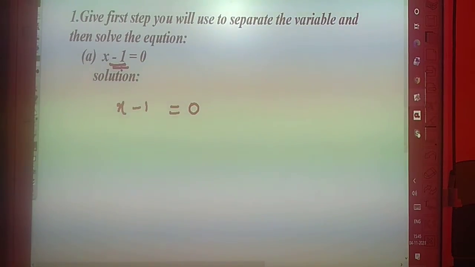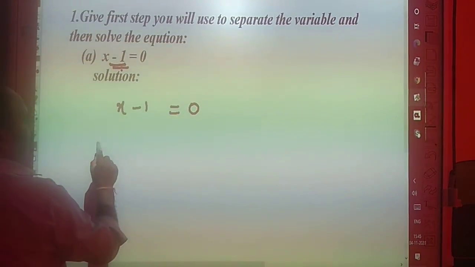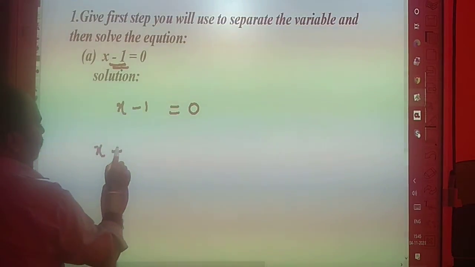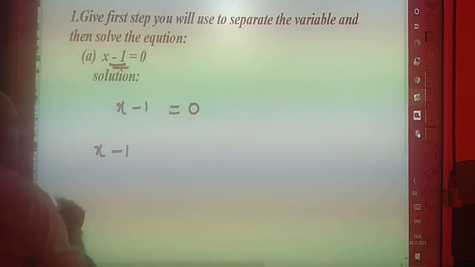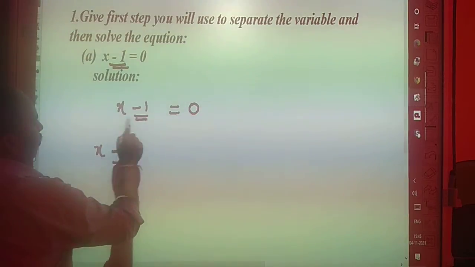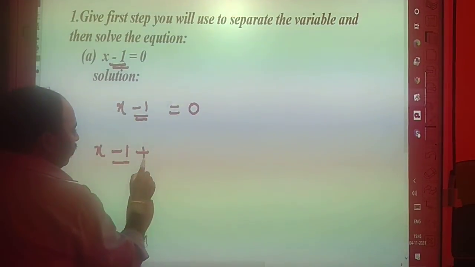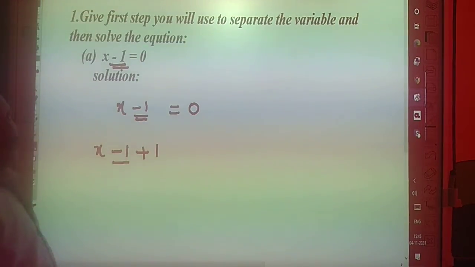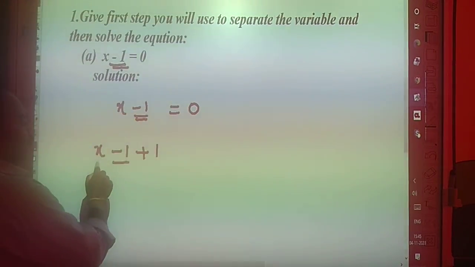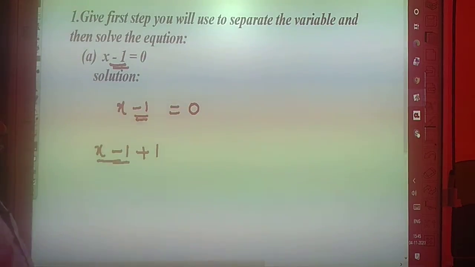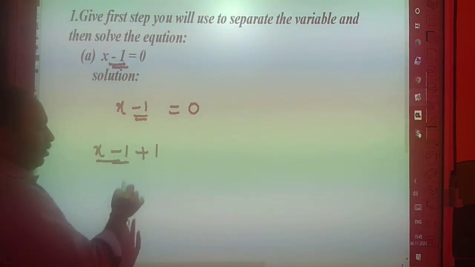We use one variable. X minus 1 means we take x minus 1. Here the second term is minus 1. We take the opposite sign with the same number, plus 1. Our question part is x minus 1, but we take x minus 1 plus 1.